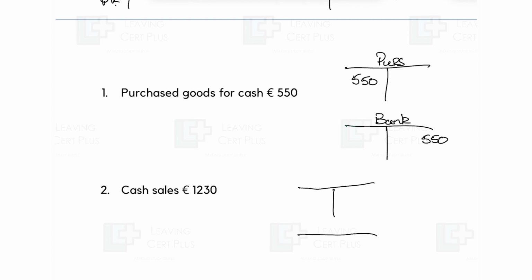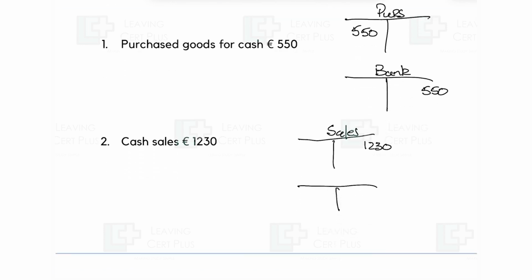Sales. Sales is always credited because you are giving goods. You're giving 1,230 worth of goods, but you're receiving the money immediately, bank stroke cash. So you, being the business, are giving goods and receiving money.